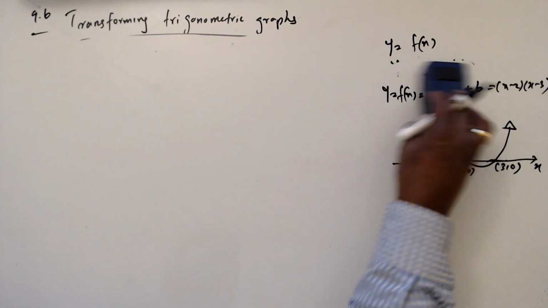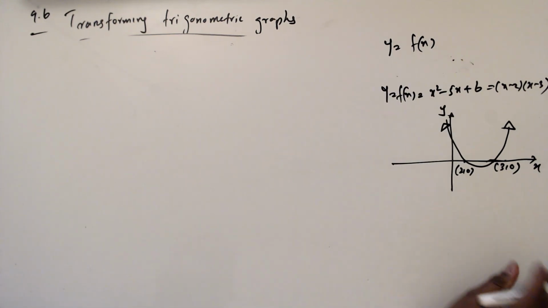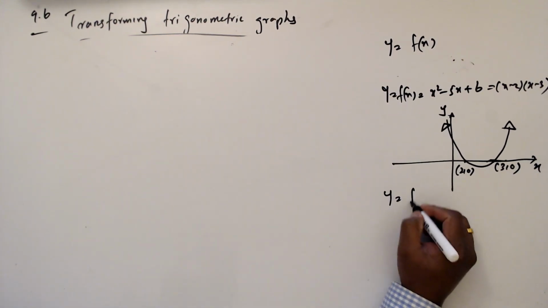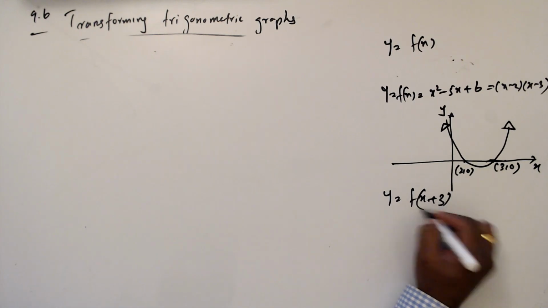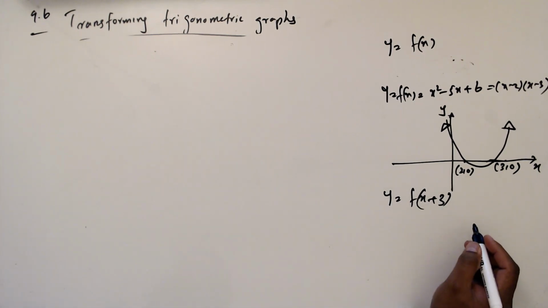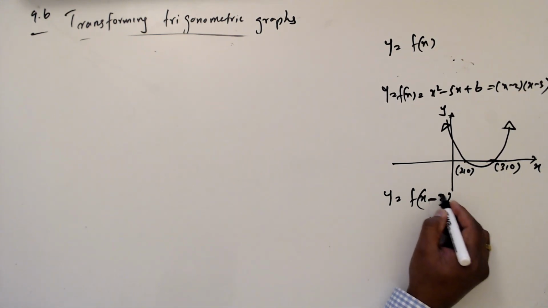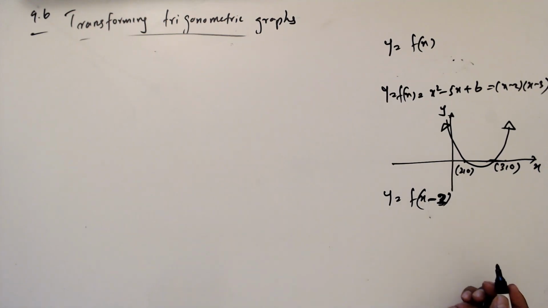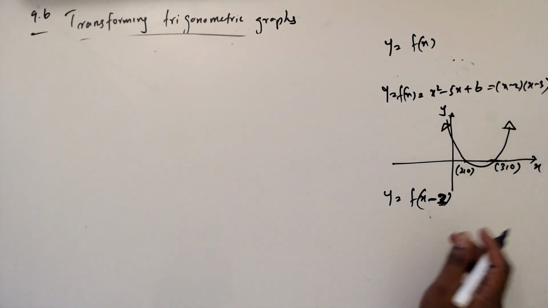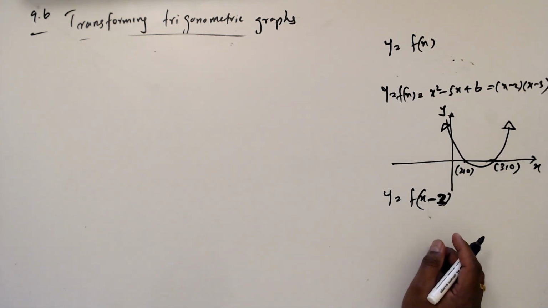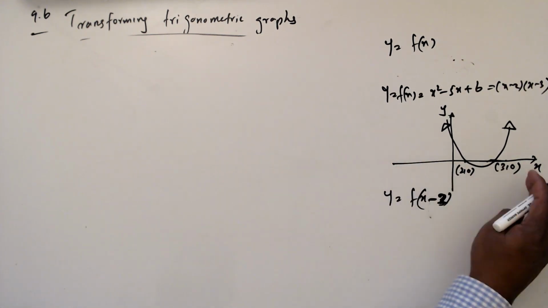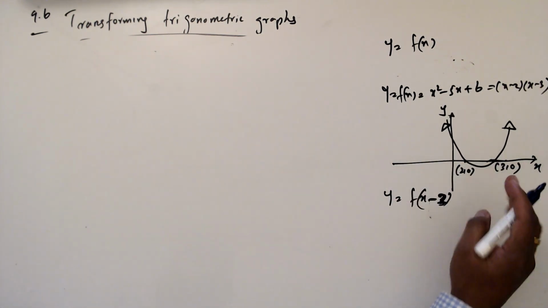Now I want to draw y equals f(x minus 2). How do we do this one? First of all, I'll go x equals 2. What kind of translation is here? It is going to be a horizontal translation.